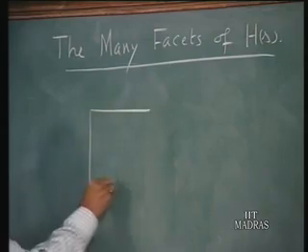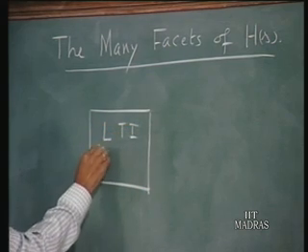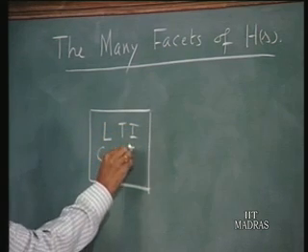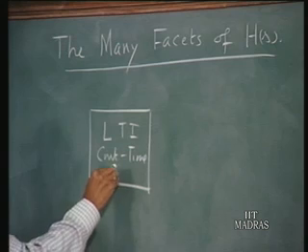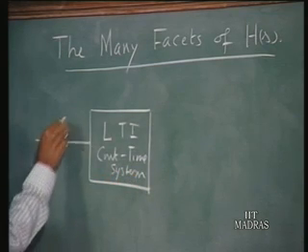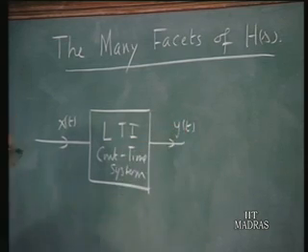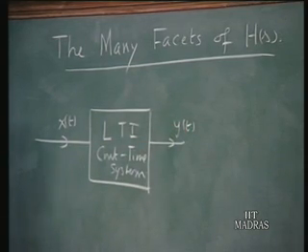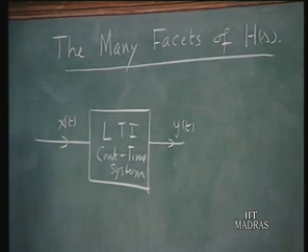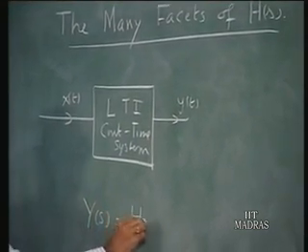We are talking about a linear time invariant continuous time system with an input x(t) and an output y(t), and the system function enables us to relate the output to the input not by means of a complicated differential equation, but by a simple algebraic equation in the Laplace transform domain.